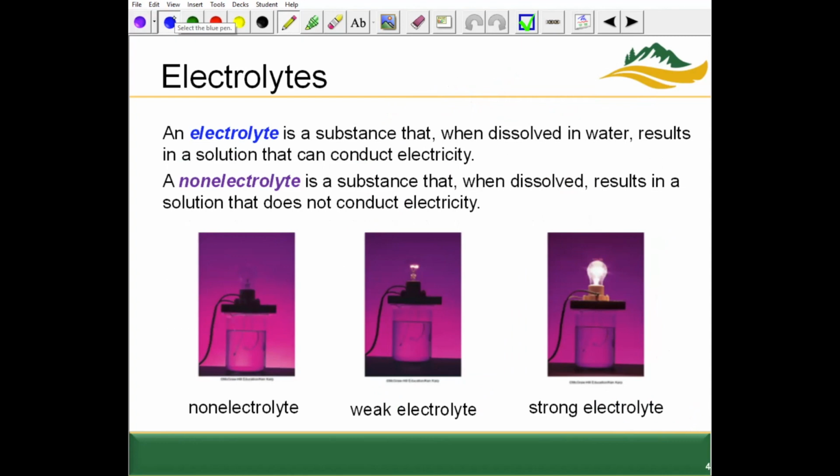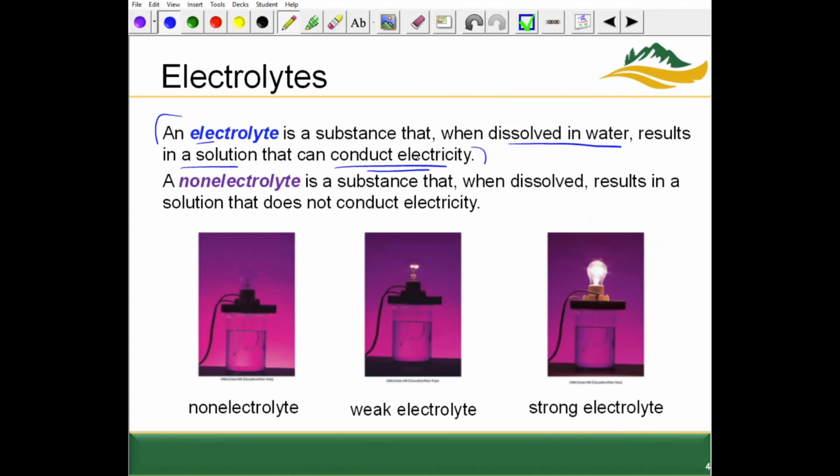What we're also getting into now in chapter 4 is electrolytes. You've probably heard of this in Gatorade. It's important to stay hydrated by drinking water with electrolytes. An electrolyte is a substance that when dissolved in water results in a solution that can conduct electricity. That's technically the formal definition of an electrolyte.